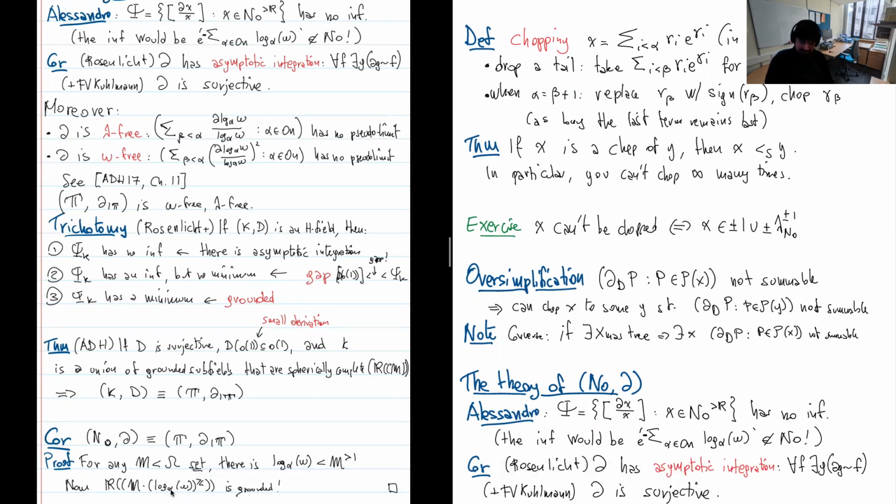So this element doesn't have an integral in this particular field because it's the minimum, but this is grounded. It is spherically complete because in this case it's a Hahn field. And clearly now any surreal number lives inside one Hahn field like this.